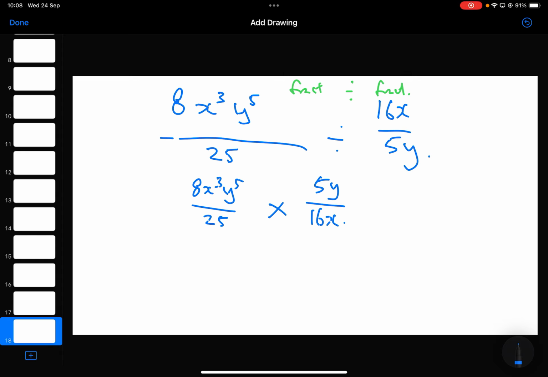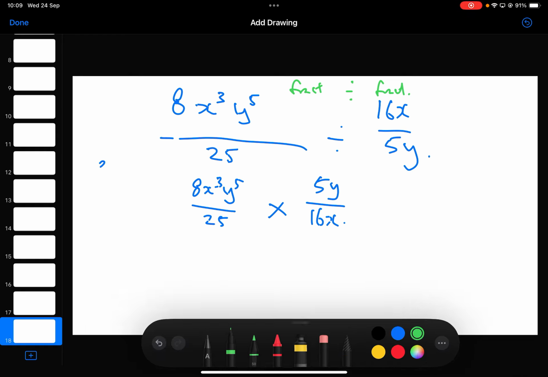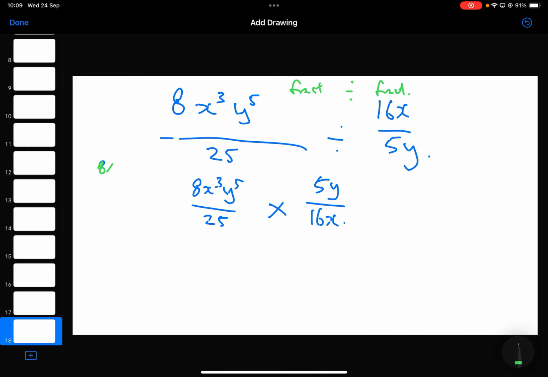Then again, I don't see this as a string of numbers and alphabets. I must be thinking, the numerator here is actually 8 times x cubed times y to the power of 5, divided by 25.